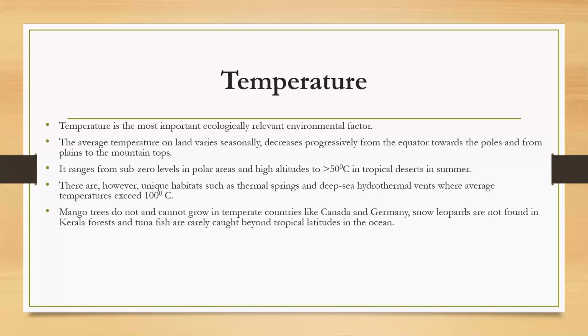With respect to the temperature variation, we can see variation in the habitat or variation in the distribution of vegetation. There is a great diversity in plant species and animal species, and this diversity in the vegetation and animal distribution is decided by the environmental factors, the habitat condition. Some examples are given here. Mango trees do not and cannot grow in temperate countries like Canada and Germany.